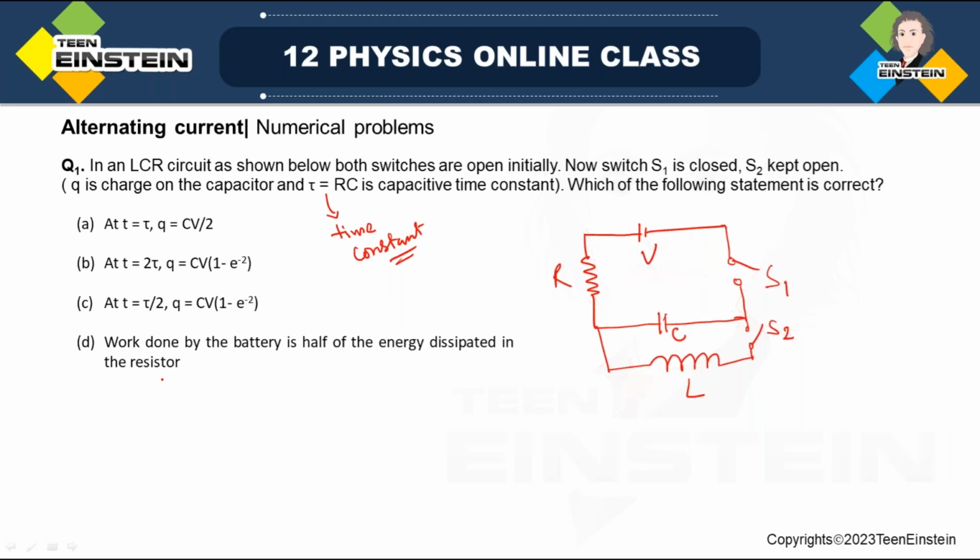So what is correct here? You can see when S1 alone is closed and the other one is open, then effectively this circuit becomes a series CR circuit. So this circuit is becoming effectively like this: this is R and this is C. So you have to know the charging.